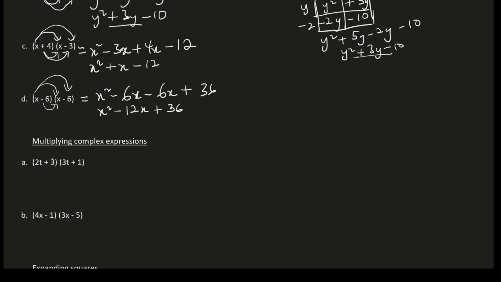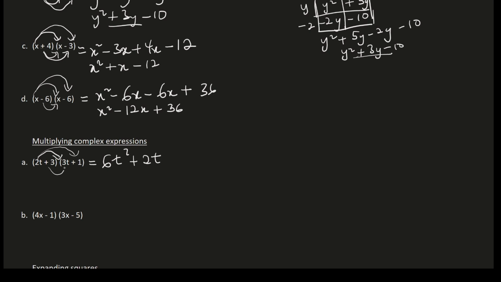So same thing, 2t times 3t gives me 6t squared. Then I have 2t times 1, that gives me plus 2t.